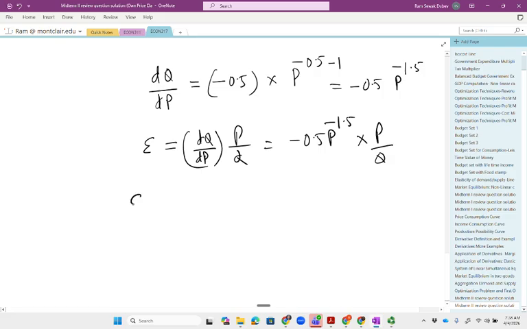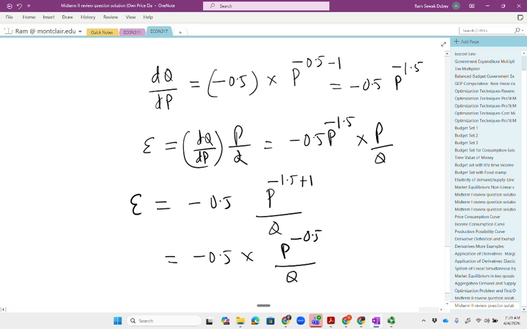So let's see. I have negative 0.5, then p to the power negative 1.5 multiplied by p to the power 1. So powers add up. Denominator is q. So negative 0.5 times p to the power minus 1.5 plus 1, which is negative 0.5, over q.